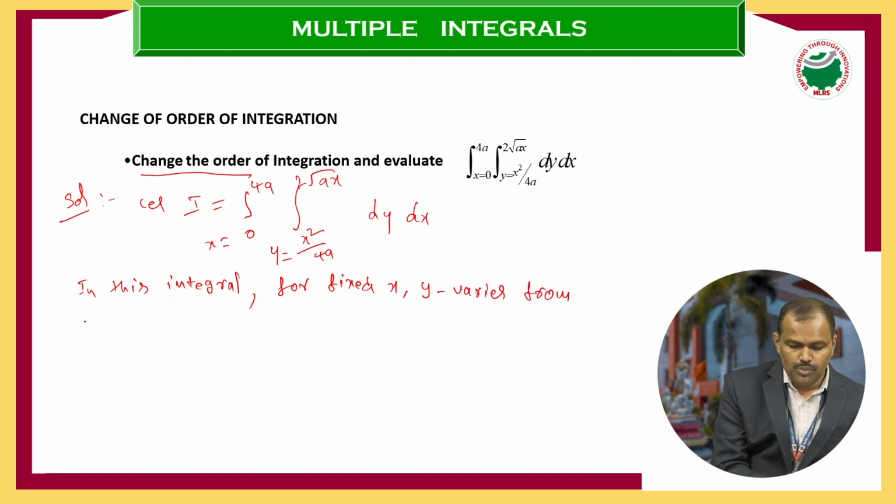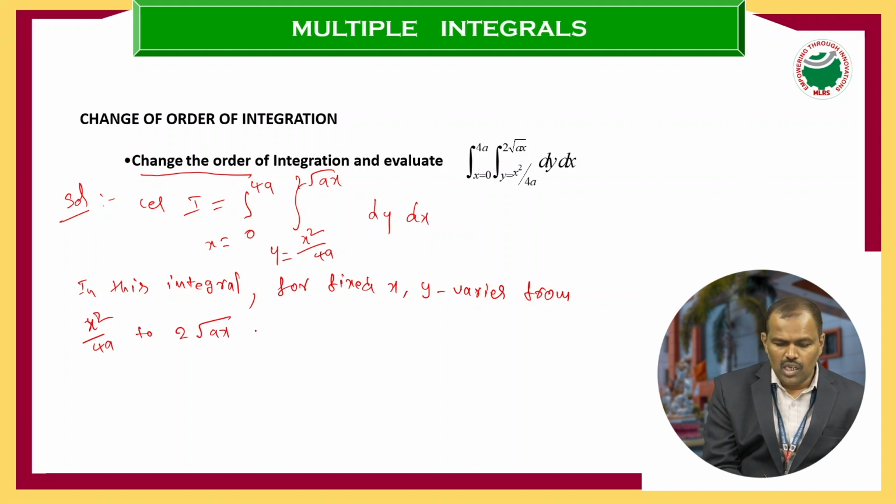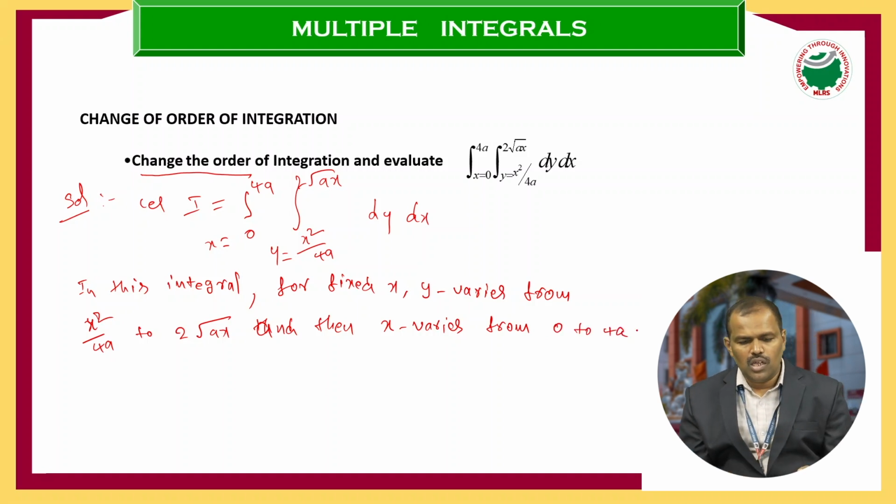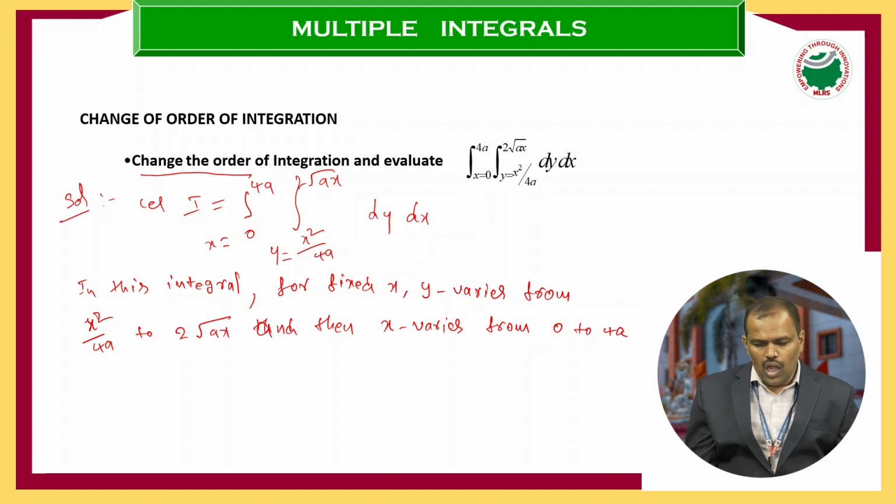Y varies from x square by 4a to 2 root ax, and then x varies from 0 to 4a. This is the status of the given limits. Now after changing, what will happen, we'll see now.